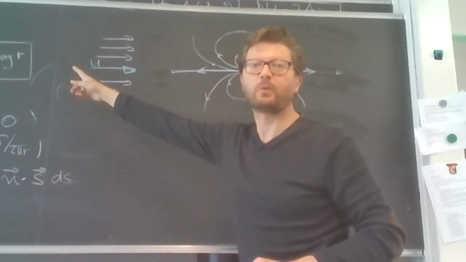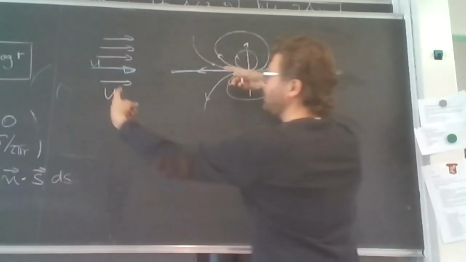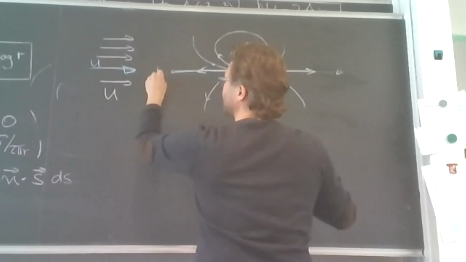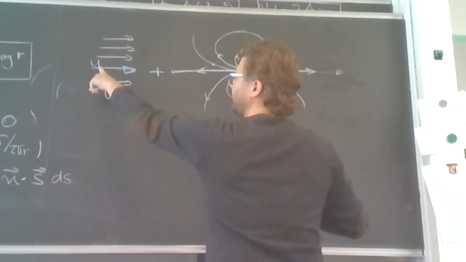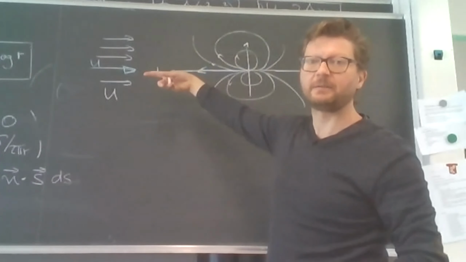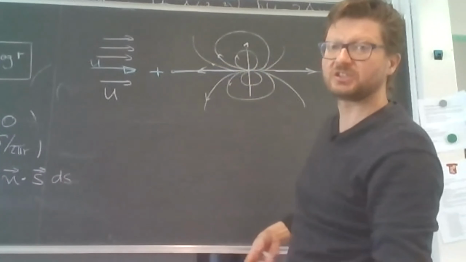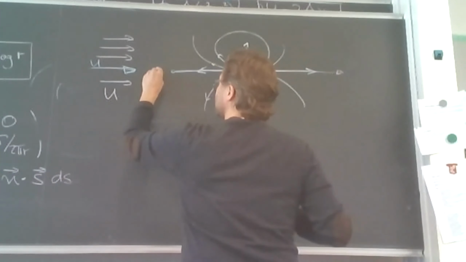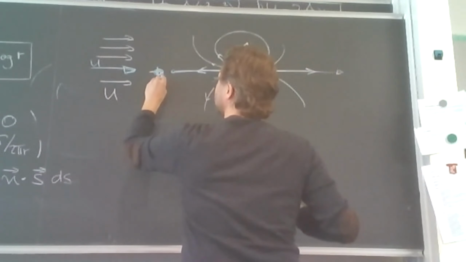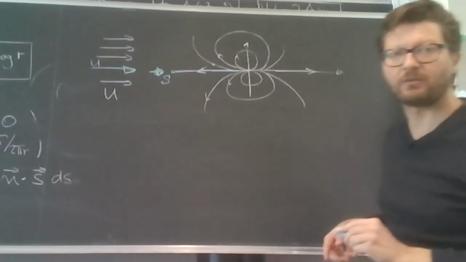If we go far, far away from the dipole center, the velocity will go to 0. So there will be one point somewhere here where the oncoming velocity u and the velocity from the dipole exactly cancel. They're exactly of equal size, but opposite direction. So this is where we will get a stagnation point of 0 velocity.